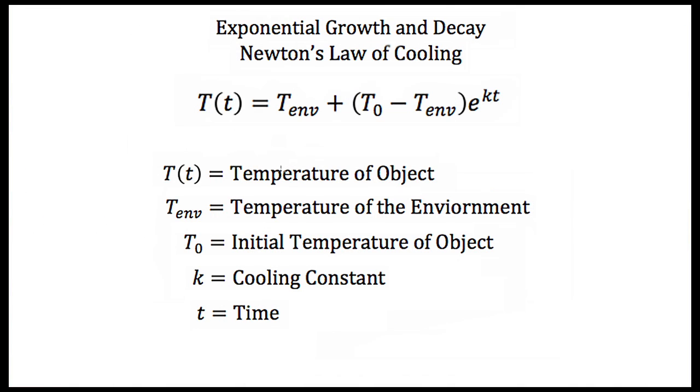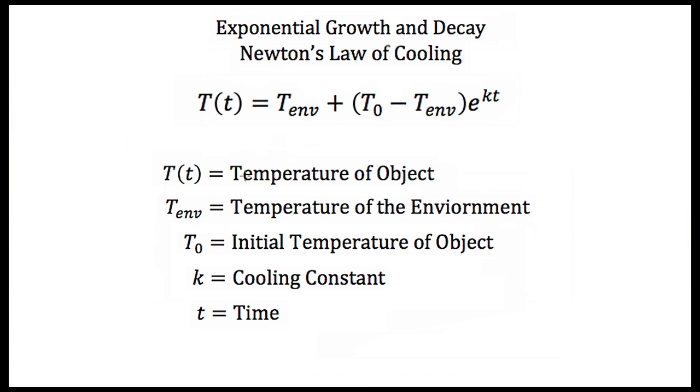Another common application of an exponential growth or decay is Newton's law of cooling. And here we have the equation of Newton's law of cooling. The temperature at time t is equal to the temperature of the environment plus the initial temperature of our object, minus the temperature of the environment, times e to the kt.